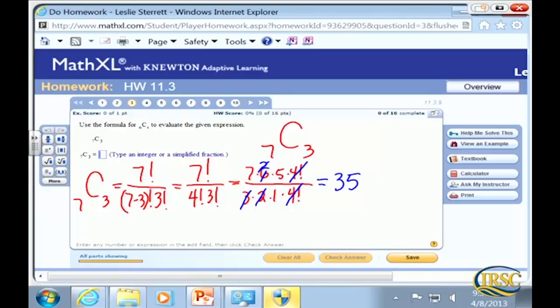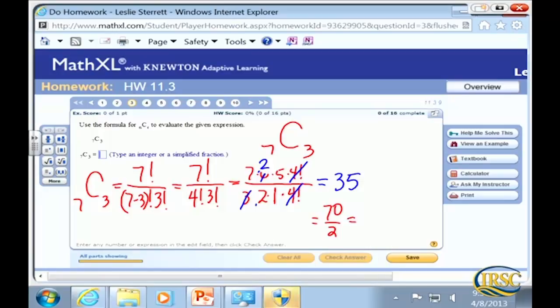Yes? I forgot to cancel the 2s, but then I divided it at the end. Is that on accident, or will that get you the same answer every time too? Should get you the same answer. So the question was, she forgot to cancel the 2's. So she still had a 2 up here and still had a 2 down here. So then you ended up with 70 over 2, but then you'll still go ahead and simplify that fraction.